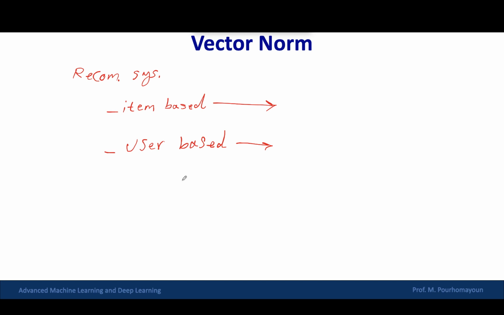Okay, similar users with the same taste, with the same interest, they did that. Okay, so this is how it works. So in recommendation systems, in any of them, we need to measure similarity anyway. Whether it's item based or user based, anyway we need to measure similarity.